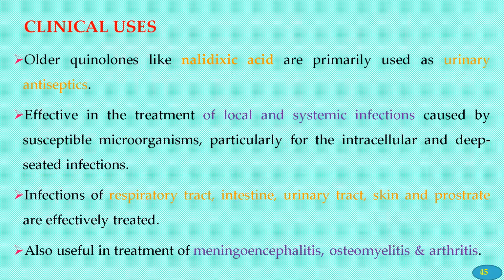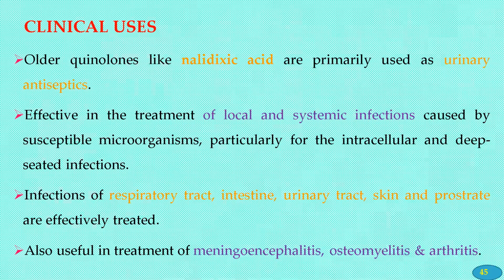Then the clinical uses of the quinolones. Nalidixic acid is used as a urinary antiseptic, meaning it causes the death of bacteria in acidic urine. That's why they are called urinary antiseptics. And this is very effective in the treatment of local and systemic infections caused by susceptible microorganisms, particularly intracellular and deep-seated infections.